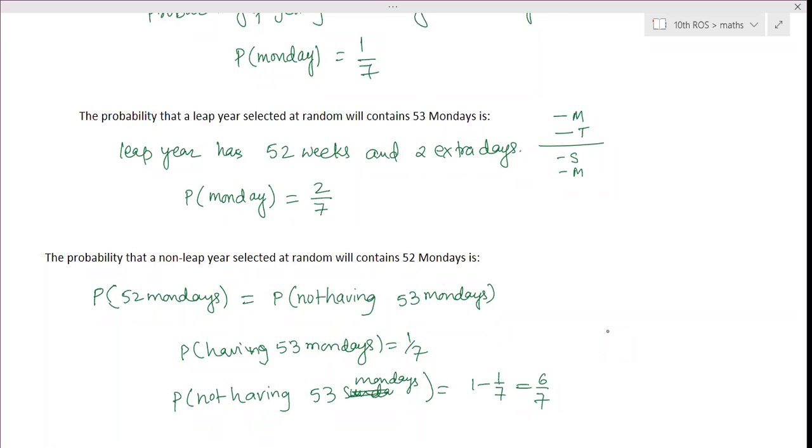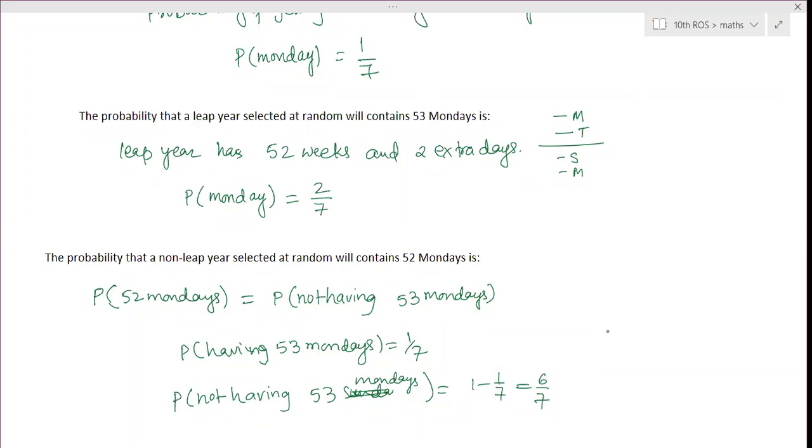And if the same question is asked for a leap year, it is 1 minus 2 by 7, so it is 5 by 7. This question for a leap year they have asked this year.